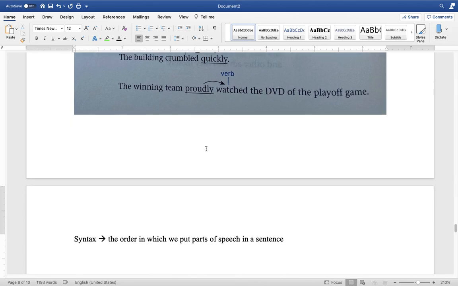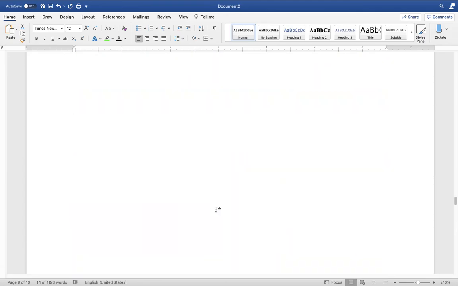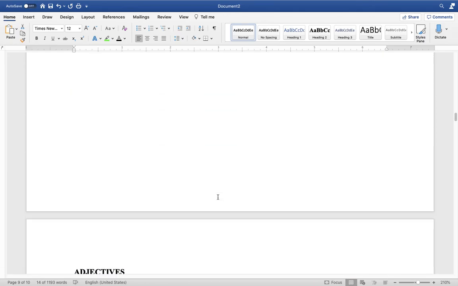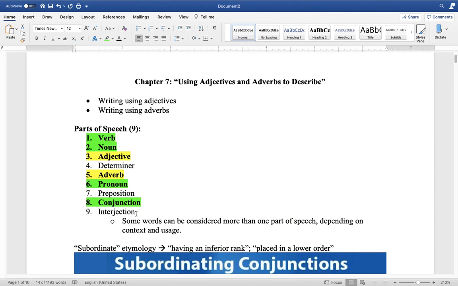So that's another reason why understanding the parts of speech, and not even all the parts of speech, matters. I know there are those nine parts of speech, and interjections are so minor, and I don't even think it's important to academic writing to know what they are. But like I said, we'll go through prepositions later. Determiners are fairly easy to go over, so we may eventually get to those.